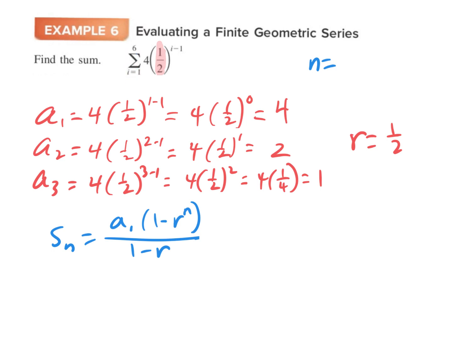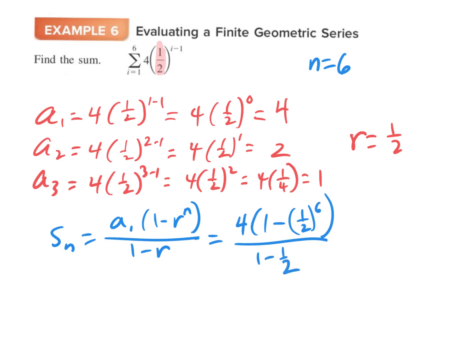There are 6 terms. So n is 6. So from here, it's just a matter of plugging in. What is the first term? 4. 1 minus r, we decided, was 1/2. We have to raise that to the 6th power because that's n. And this is 1 minus 1/2 because that's what r is. All right, figure out what that is.